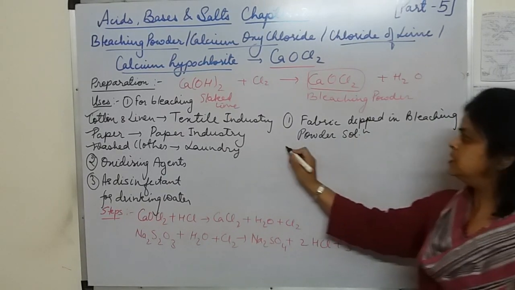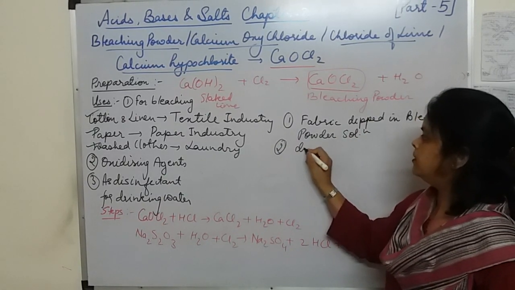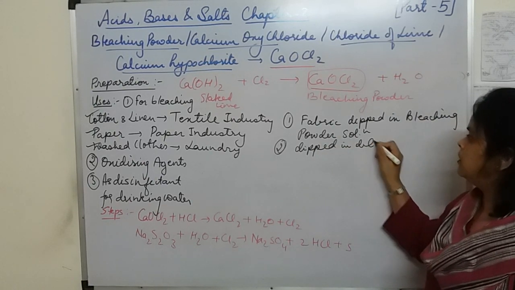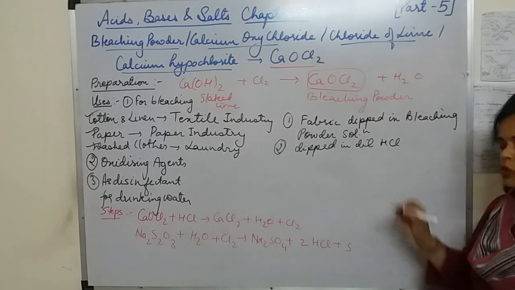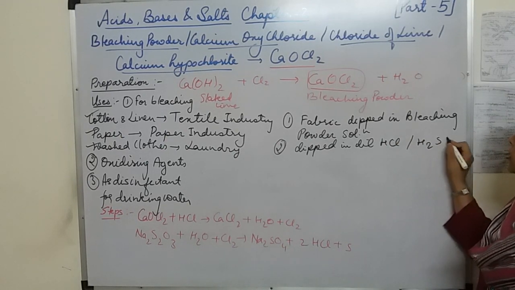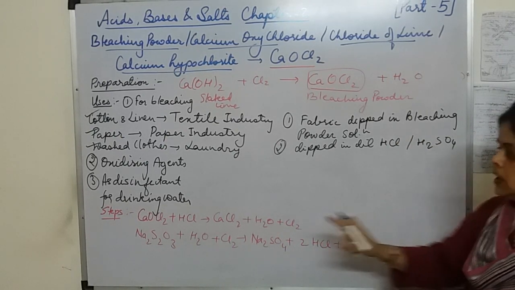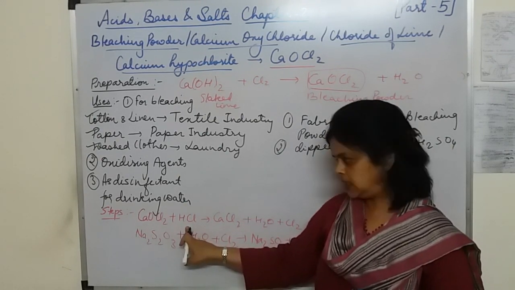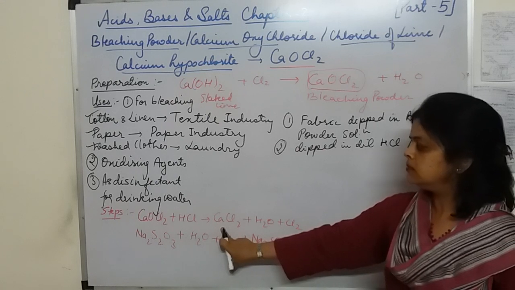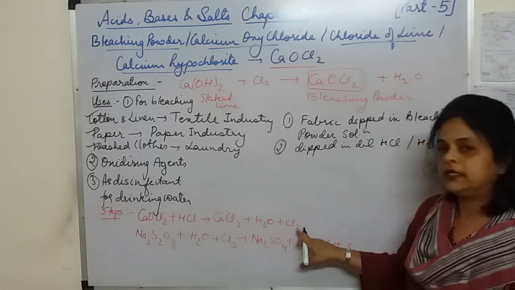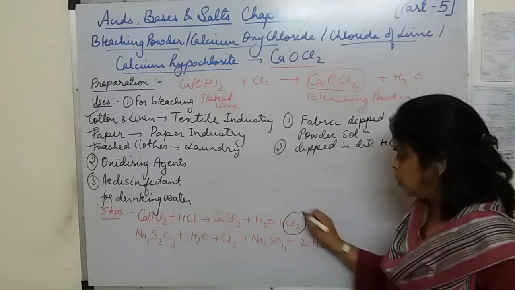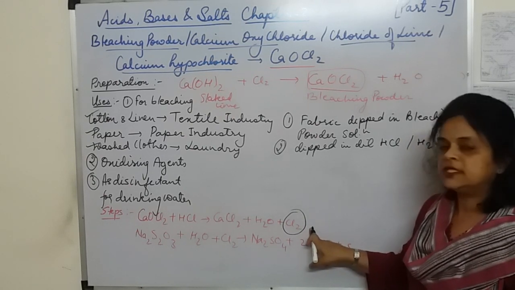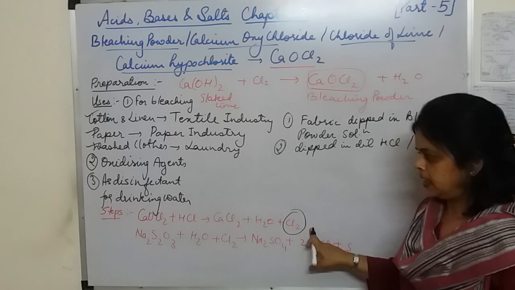Okay, after this, dipped in dilute hydrochloric acid solution or H2SO4 solution. Now the calcium oxychloride bleaching powder reacts with HCl and it forms calcium chloride, water and chlorine. Now this chlorine, actually it bleaches the fabric. Okay, so this chlorine does its bleaching action.